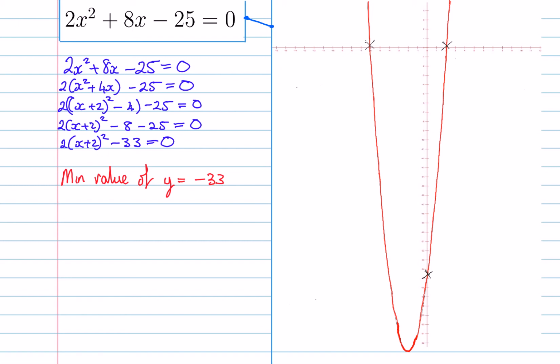So we have the minimum value of y is -33 at x equal to -2. So the minimum point, I should say, is (-2, -33). And you can see that from the graph there. Go across to -2, right down here at -33.